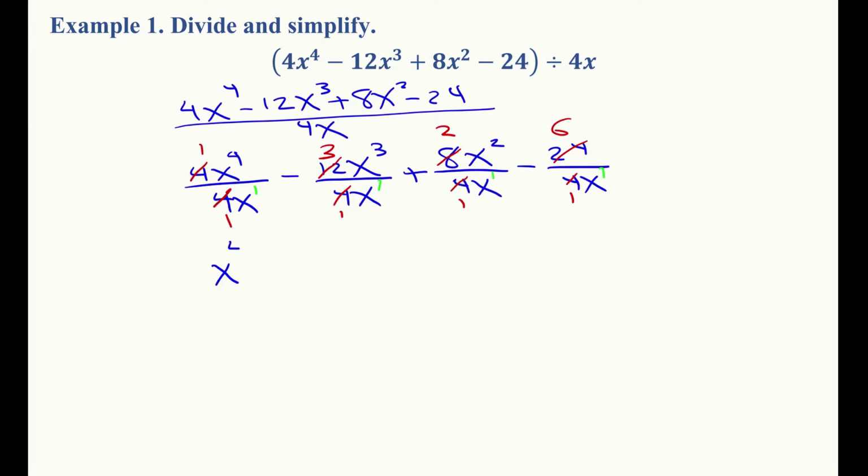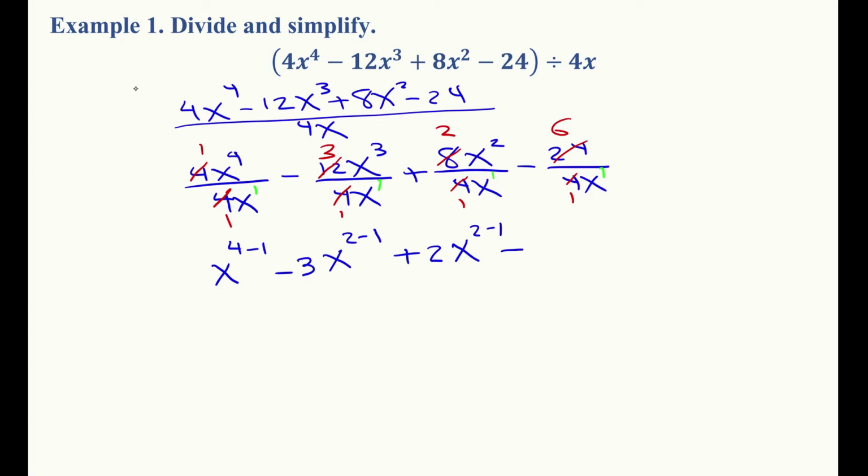So we get x to the 4 minus 1 minus the number left here is 3. So minus 3 x to the 2 minus 1 plus the coefficient of the next term will be 2 over 1, which is just 2. x to the 2 minus 1, and then minus.